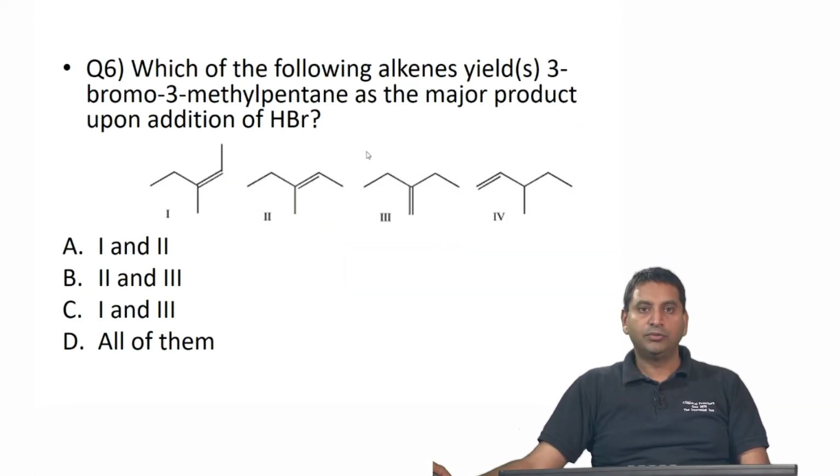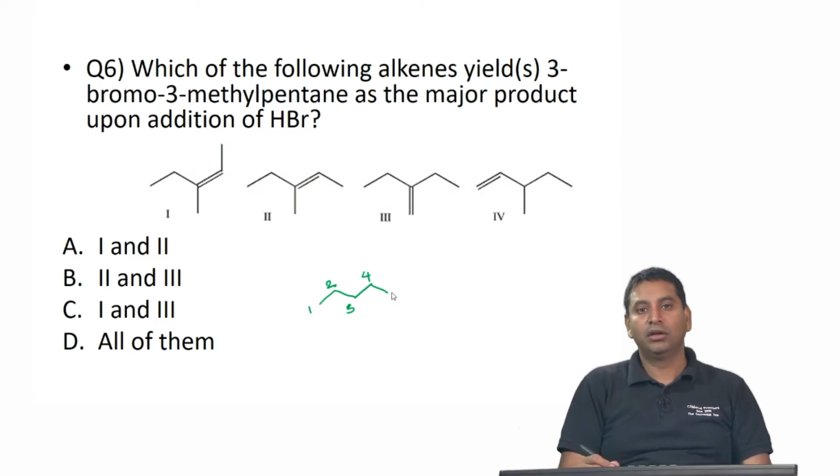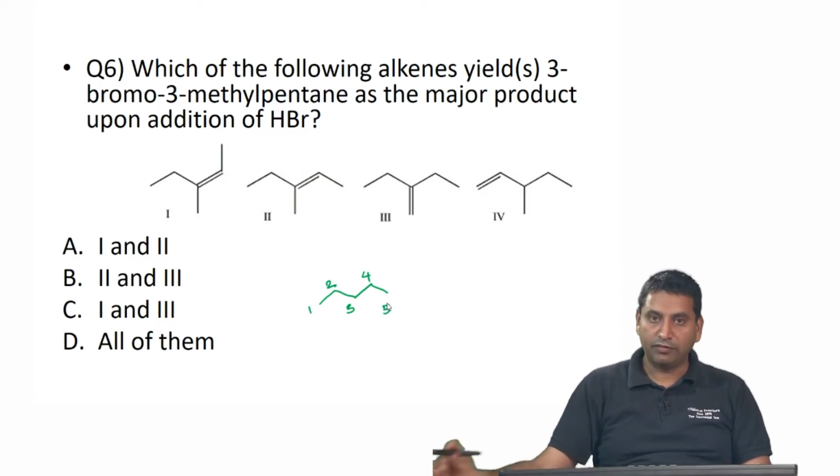The next question is, which of the following alkenes yield 3-bromo 3-methyl pentane as the major product? Okay. So let us answer this question by first drawing out what 3-bromo 3-methyl pentane looks like. So in order to look at this, let us first draw pentane. 1, 2, 3, 4, and pentane has one more carbon, that will be carbon number 5.